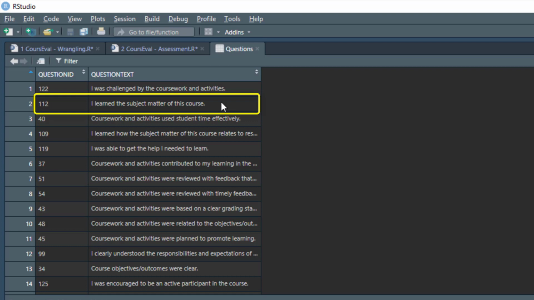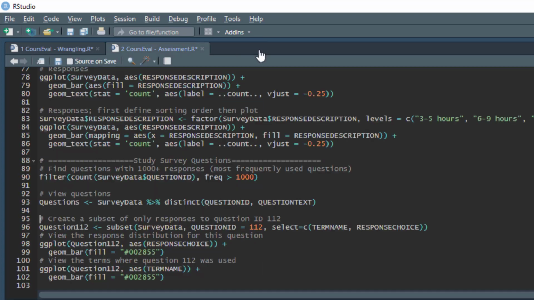In other words, we're going to see whether there are attributes from the survey that would indicate a successful experience for a student, meaning that the student responded favorably to question 112, I learned the subject matter. So we're going to focus on question 112.